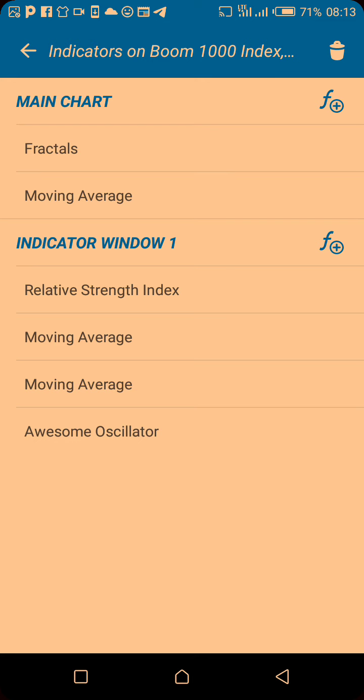Even if you don't know where to insert your support and resistance, these indicators will help you to know.